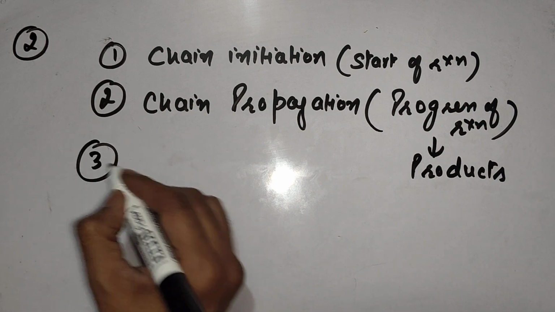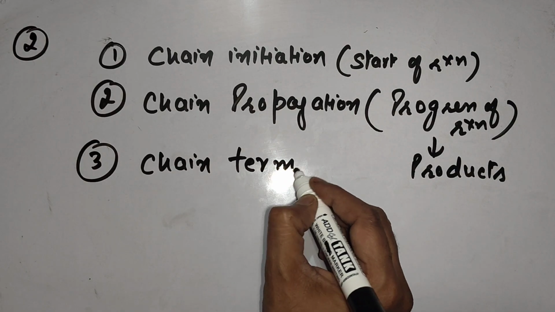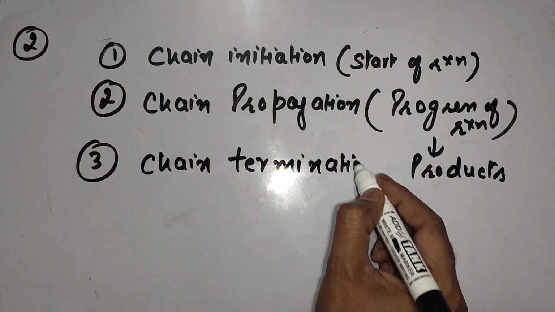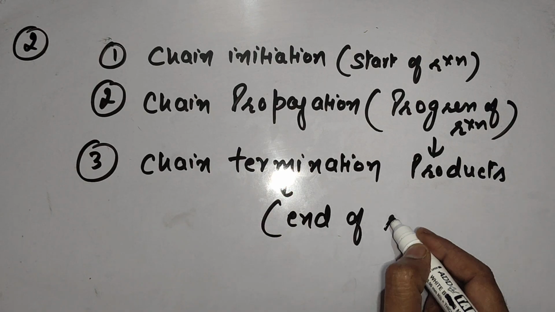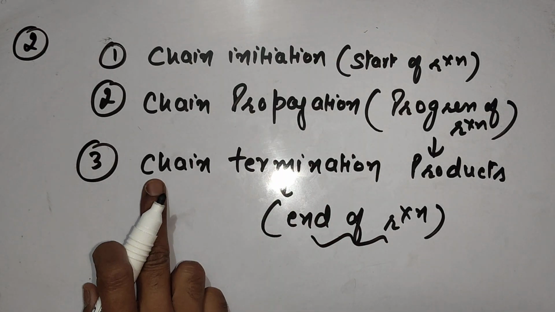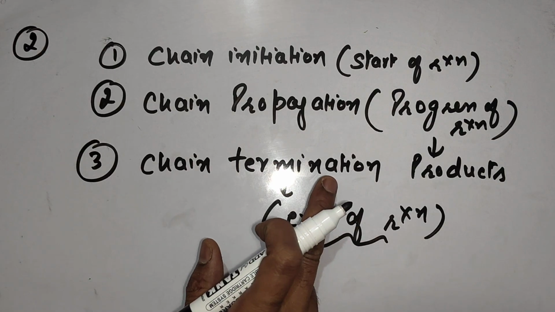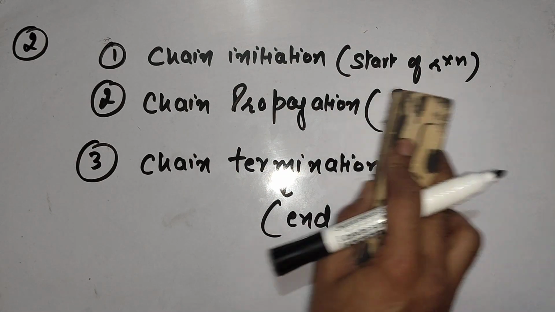And the third step, chain termination, meaning end of the reaction. All those reactions which are trying to stop the process, we write in this step, chain termination. Chain initiation, chain propagation, chain termination. Let's start. Chain initiation.